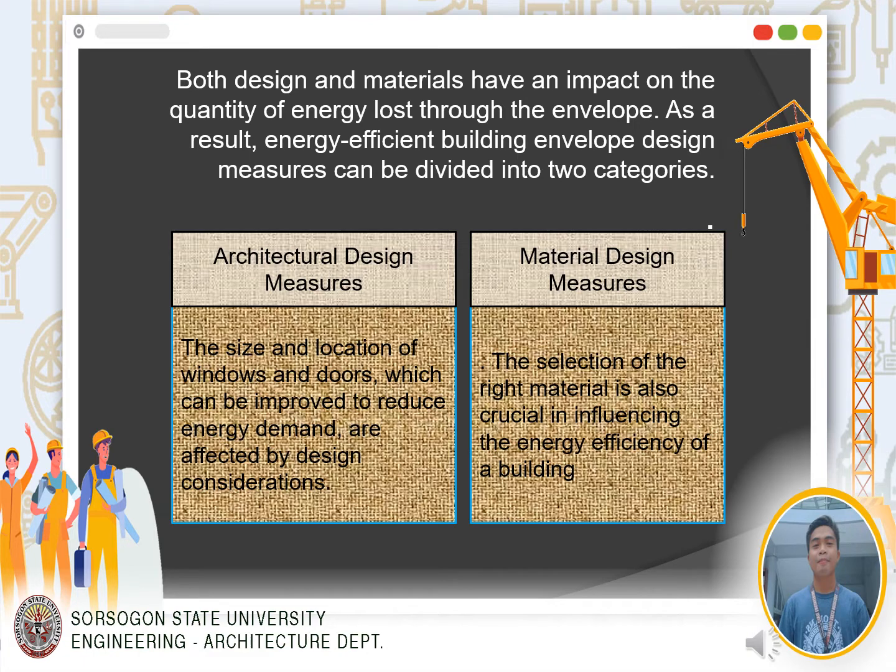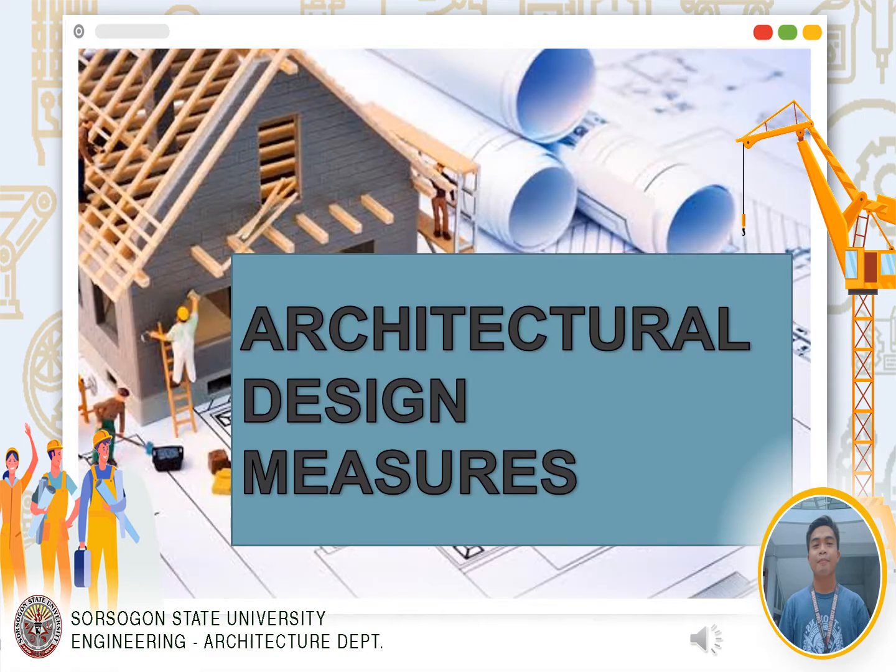On the other hand, the second group is material design measures. The selection of the right material is also crucial in influencing the energy efficiency of the building. Now we will study architectural design measures first.